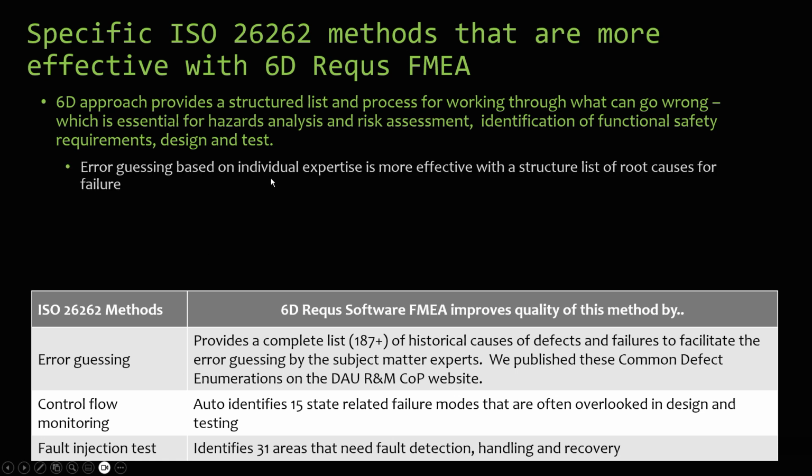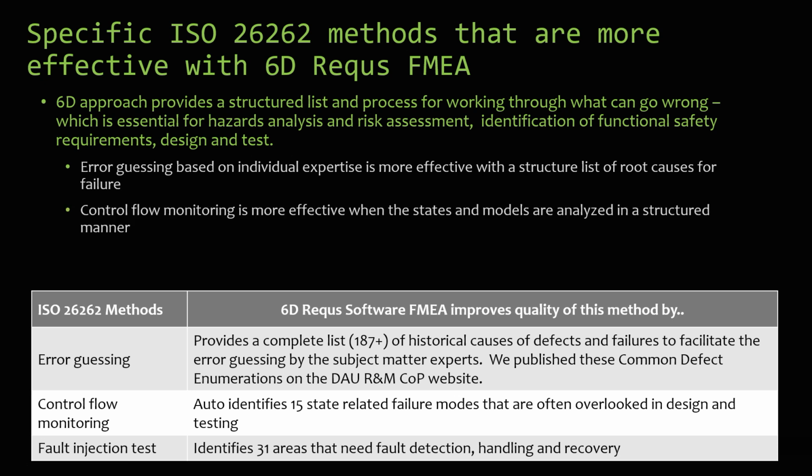Error guessing is based on individual expertise. That's great, but many times the experts don't know all of the possible things that can go wrong. They may think of the things they have seen when really there's other things that could go wrong that they're not familiar with. So this gives them a complete list of things that can go wrong.